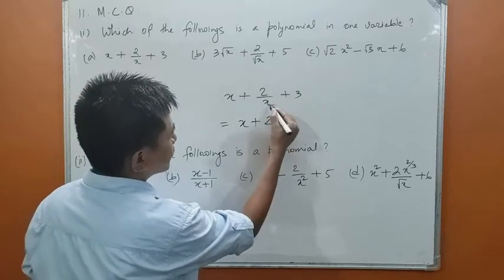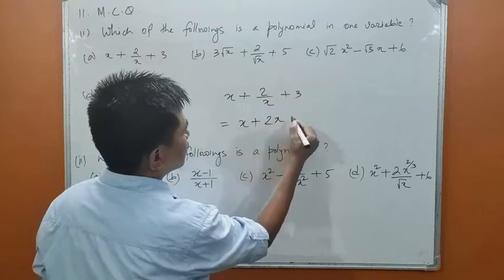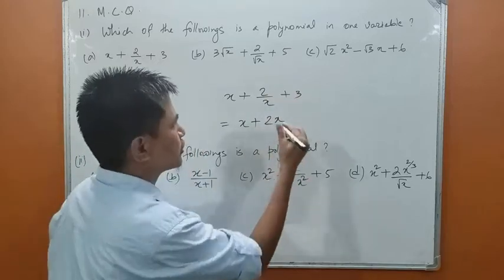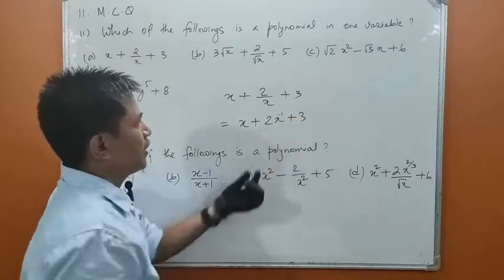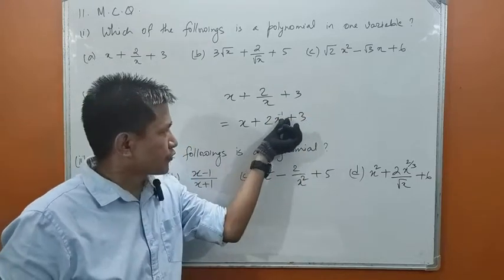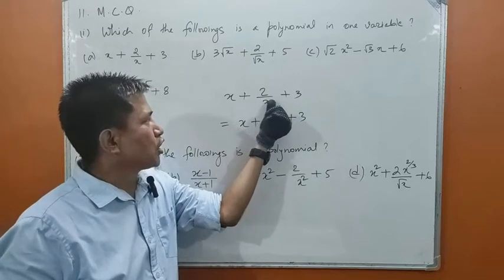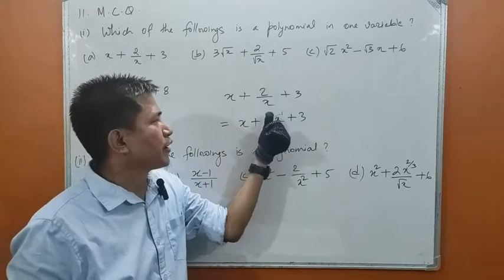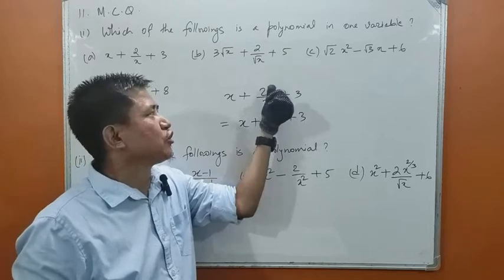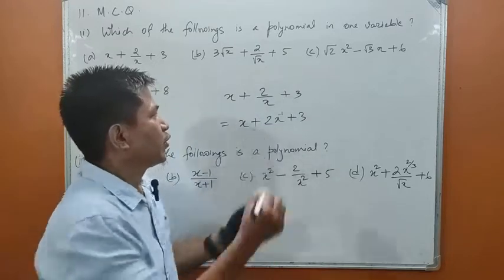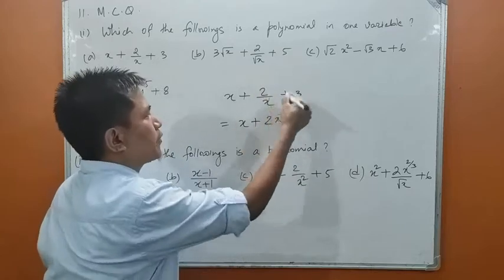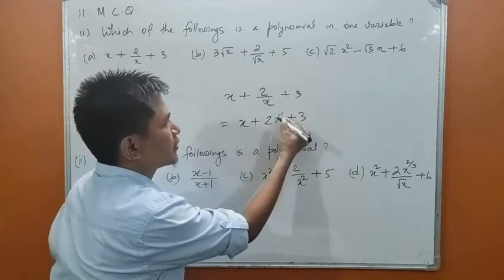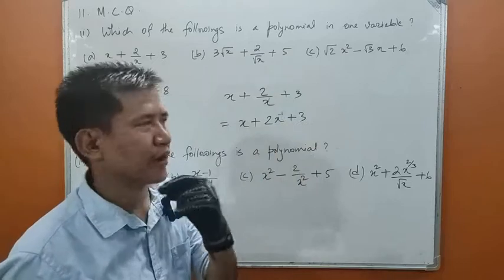So if we bring this x to the numerator, the sign of the power changes to minus. It becomes x to the power minus 1 plus 3. The sign of the power is changed from plus 1 to minus 1 when we brought x from the denominator to the numerator.